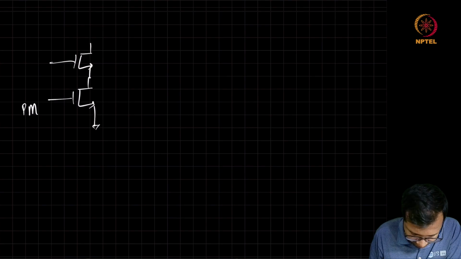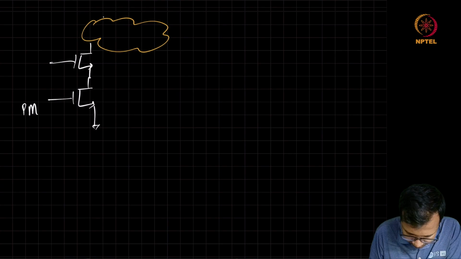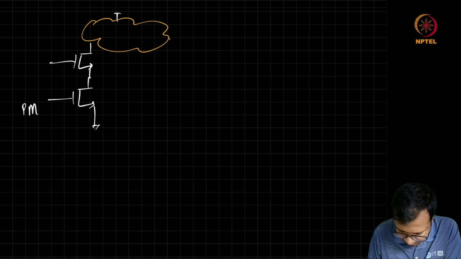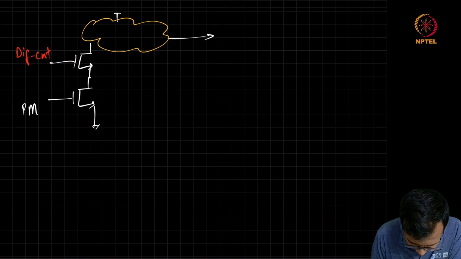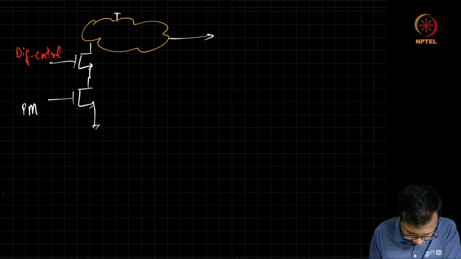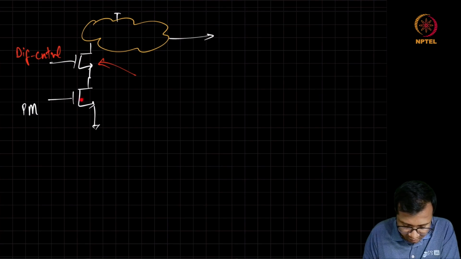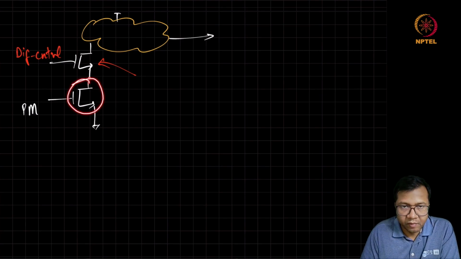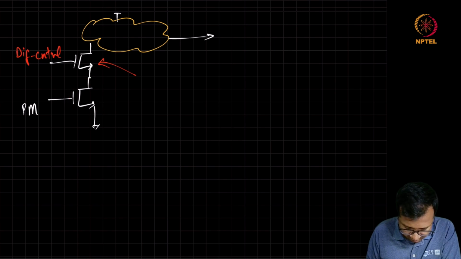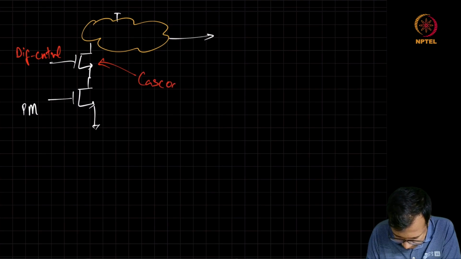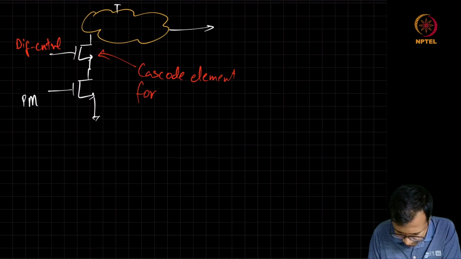The cascode element can help in enabling or disabling the action of this main transistor. Cascode element, digital control.